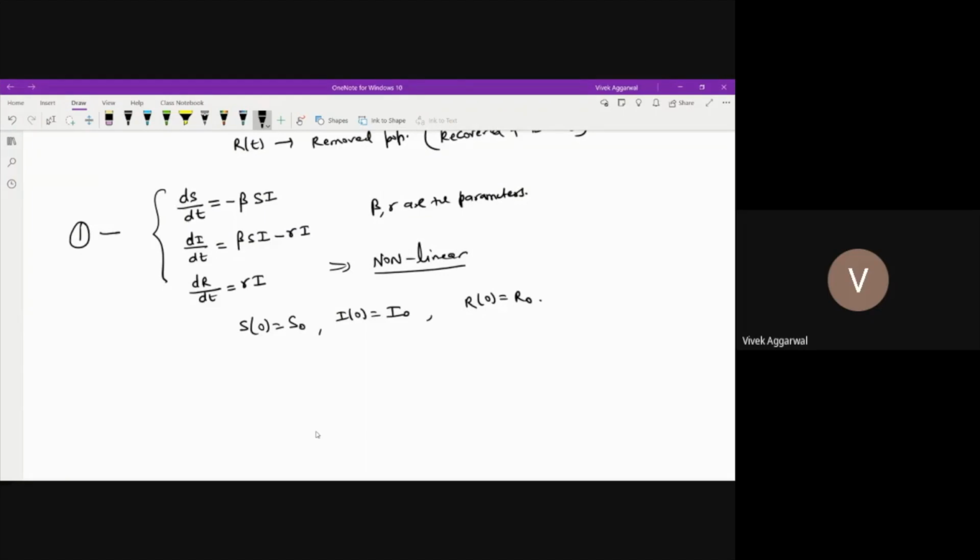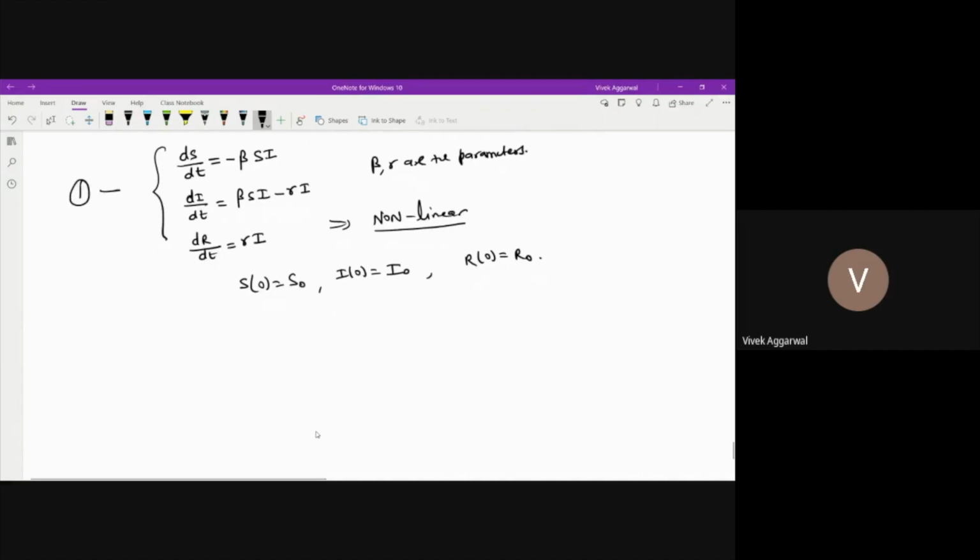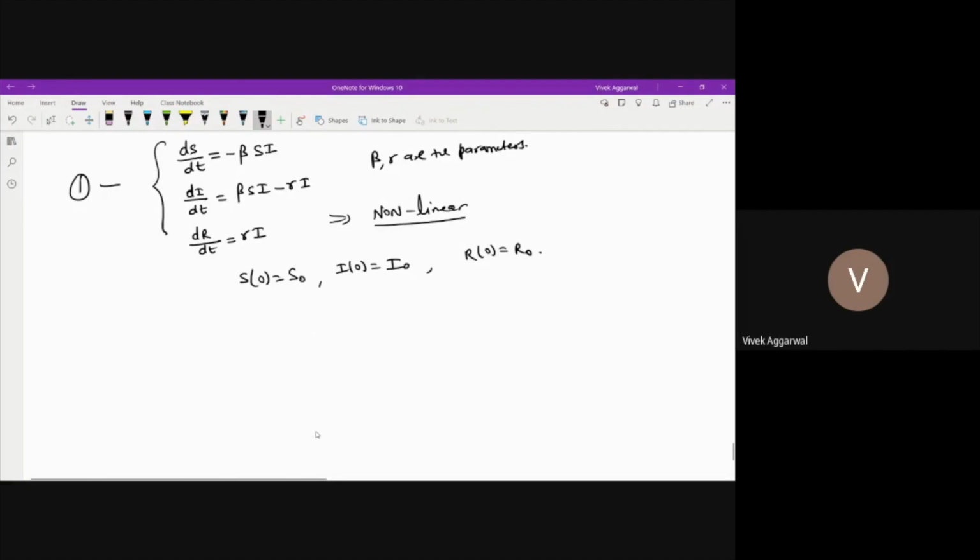You know that it is very difficult to solve this type of system of equations analytically. So the option is to solve it numerically, and then we'll see what the solution for this type of system will be. Now, I will apply my Euler method for this.